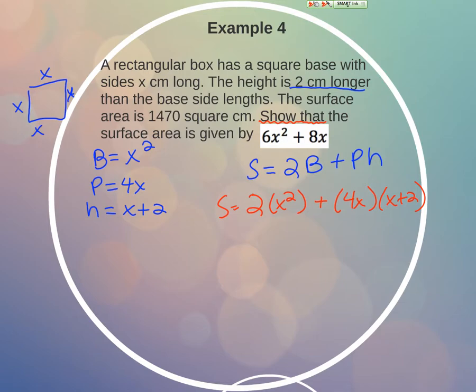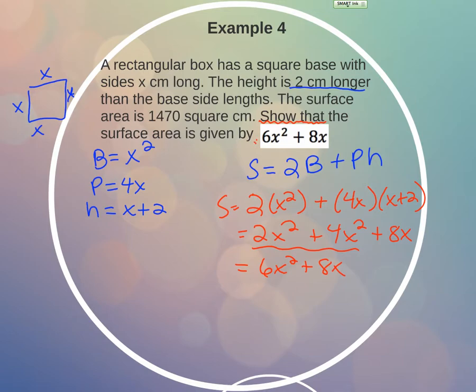So if I go about simplifying this, I've got 2x squared. Got to do some distribution, so I'll have 4x squared plus 8x. And then I can combine those squared terms, so I have 6x squared plus 8x. Which, sure enough, that's what I wanted to get.